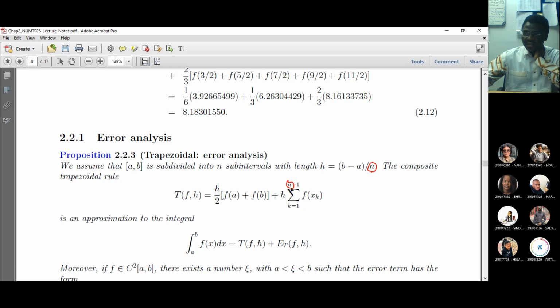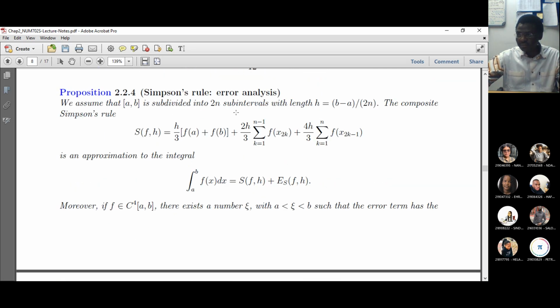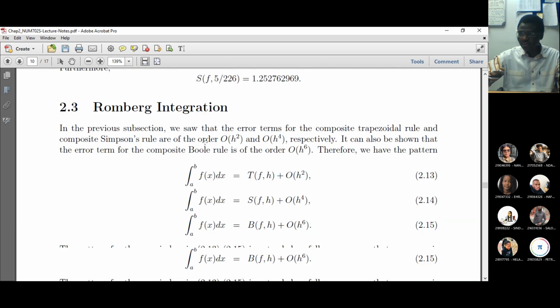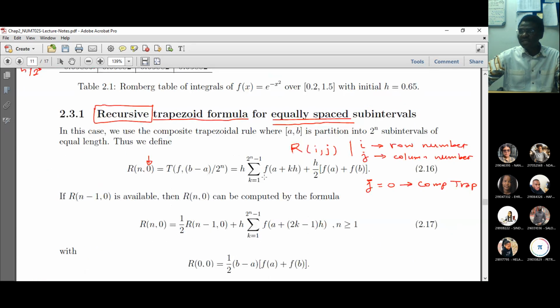So we just substitute that value there. It's exactly this rule that we are using, and that's our composite trapezoidal rule. Okay, so that's what we are doing here. Good. Now, this is where the recursion comes from.